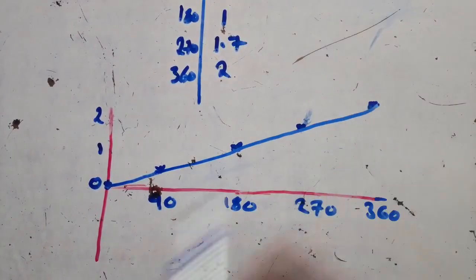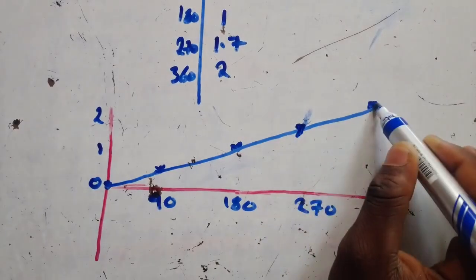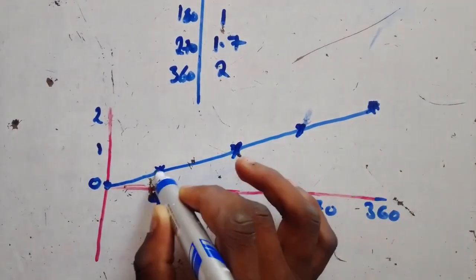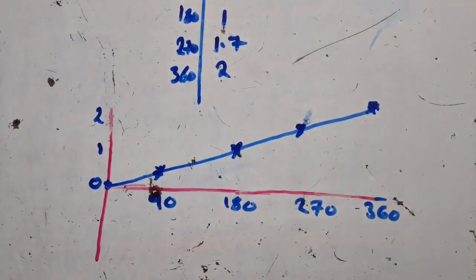Okay, so this is the graph. To make it look perfect, I'm going to do a question on the graph so that we graph it properly. I believe you are getting some concepts here.